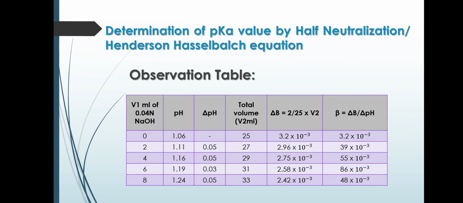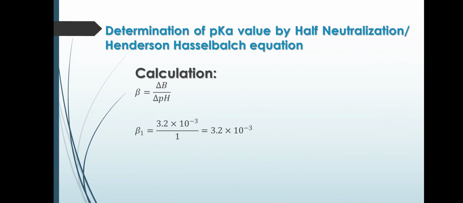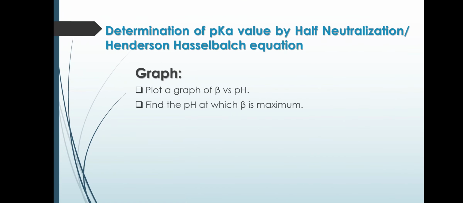So the first one is 3.2 multiplied by 10 raised to minus 3. Similarly for the second, third, fourth and fifth you have to calculate. For the second it is 2.96 multiplied by 10 raised to minus 3 divided by 0.05. Like that you have to calculate beta, and then you have to plot the graph.